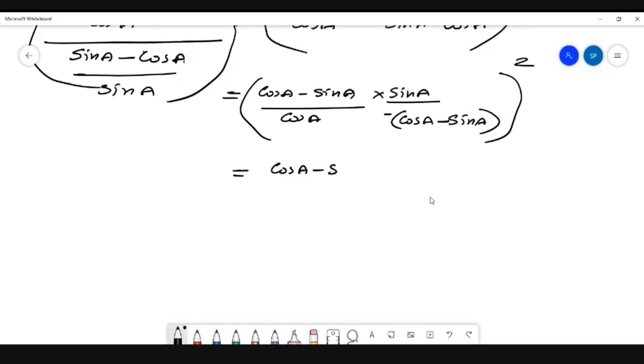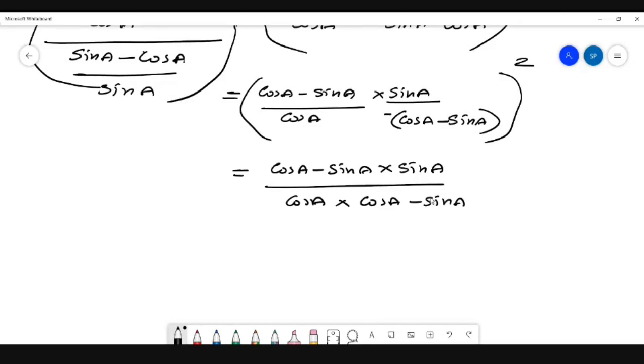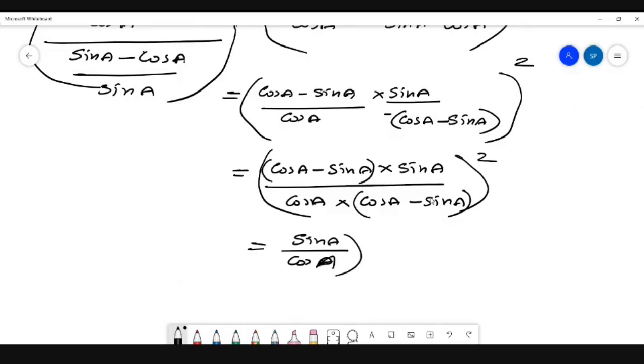We have (cos A minus sin A) into sin A divided by cos A into (cos A minus sin A) whole square. Now you can cancel these two brackets, and we get sin A by cos A the whole square, that is tan square A.